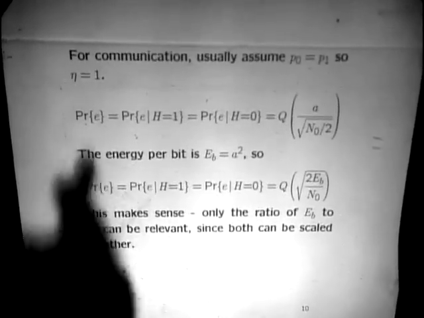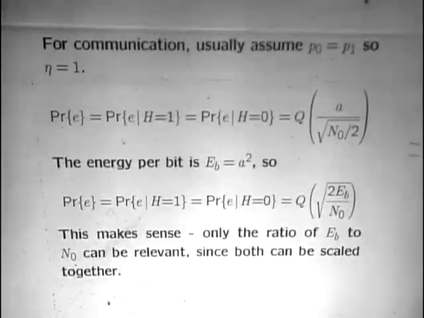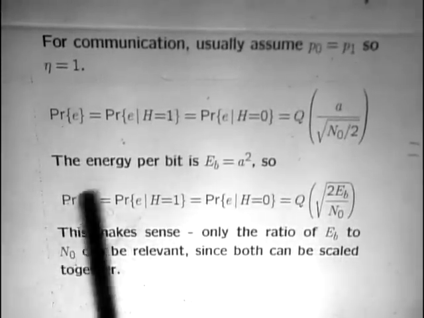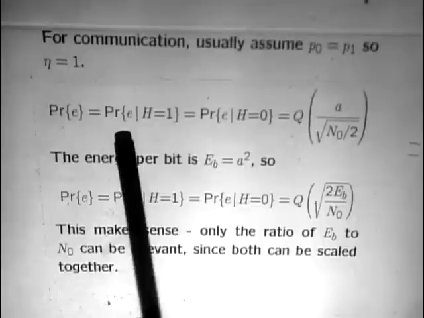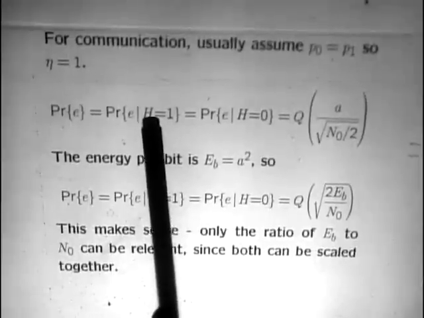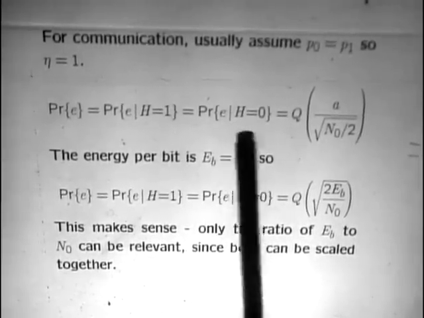Okay, which is what this says. For communication, we assume P0 is equal to P1. So we assume that eta is equal to 1. So the probability of error, which is also the probability of error when h is equal to 1, in other words, when a 1 actually enters the communication system, is equal to the probability of error when h is equal to 0.